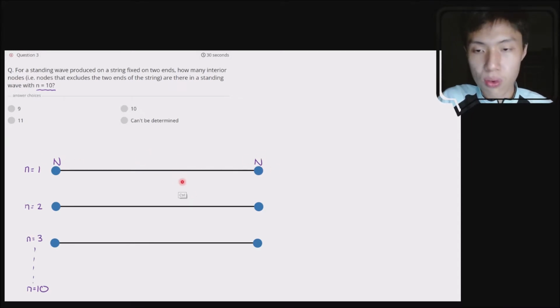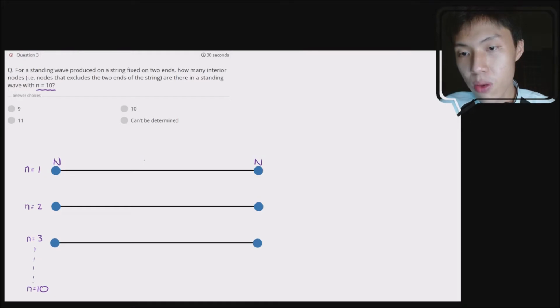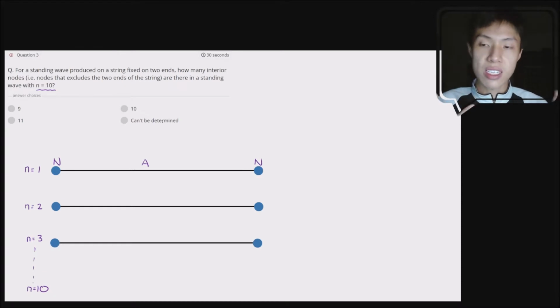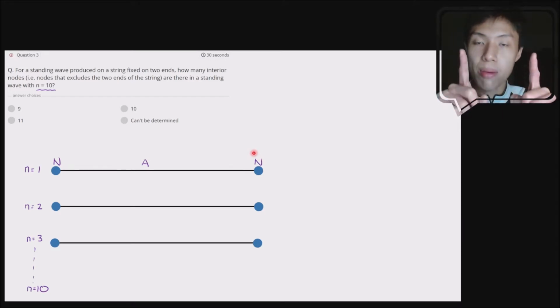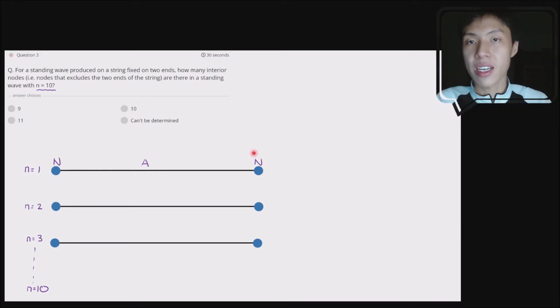So let's include one. So we have an antinode over here. Once you have included an antinode, then you know that this is a logical arrangement. You don't have two antinodes side by side, you don't have two nodes side by side. So this is the simplest way of creating a standing wave on a string. So we call this the fundamental, or the first harmonic.